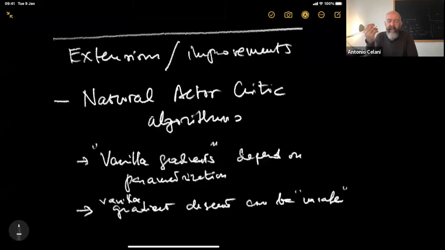So what do I mean by gradient descent can be unsafe? Let's think about an everyday experience. Suppose you're hiking on a mountain, and you made it to the top, and now it's time to go back to your starting point. So do you use gradient descent to go back to your starting point when you hike?